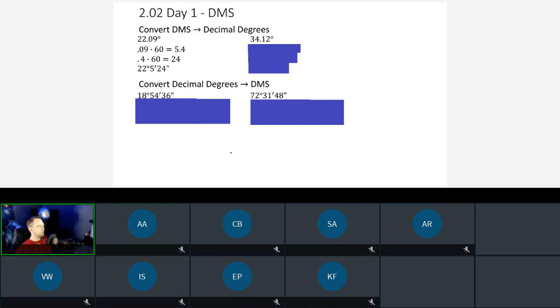So let me just show the work for this last one real quick. 0.12 times 60 is 7.2. 0.2 times 60 is 12. Put it all together: 34 degrees, 7 minutes, 12 seconds. All right. Anybody want to explain how we find the DMS from decimal degrees?